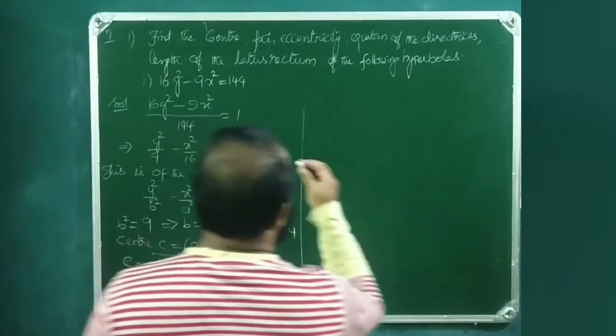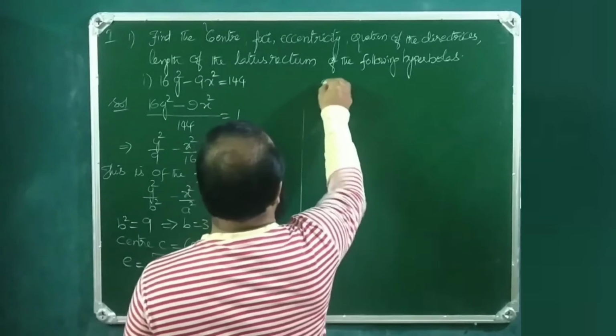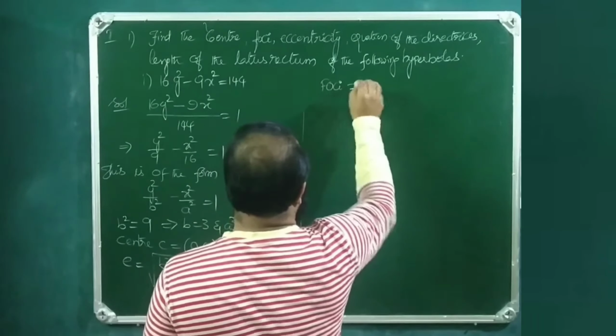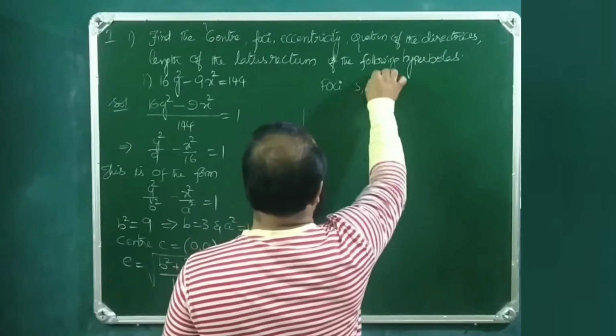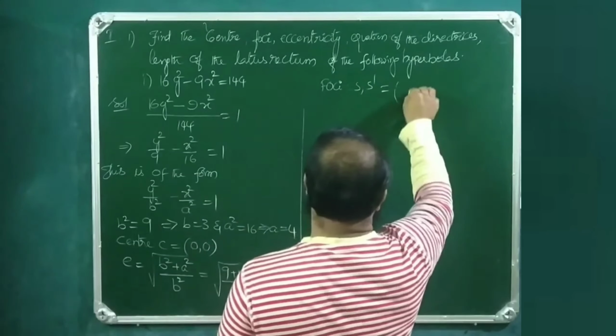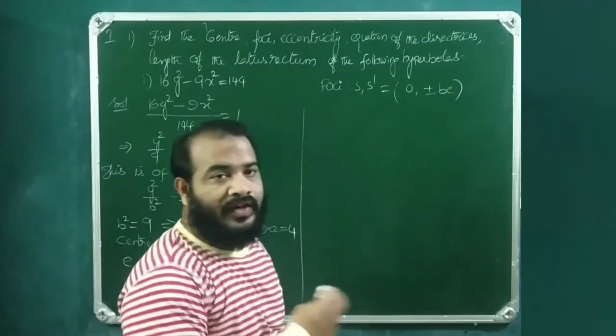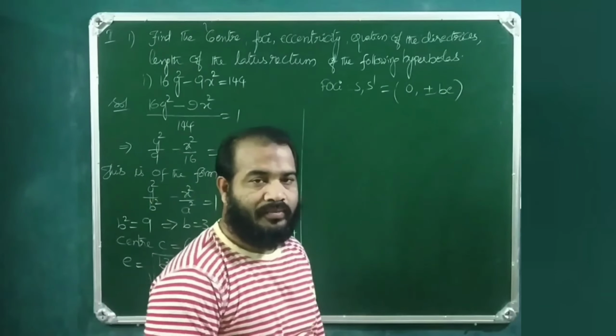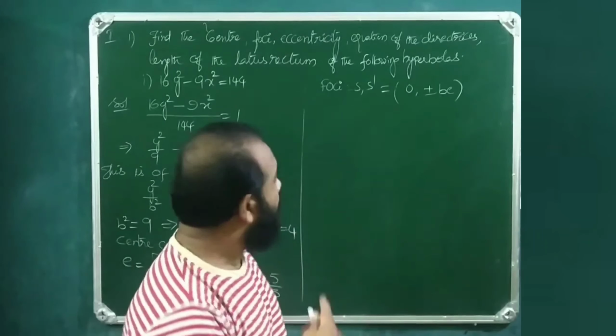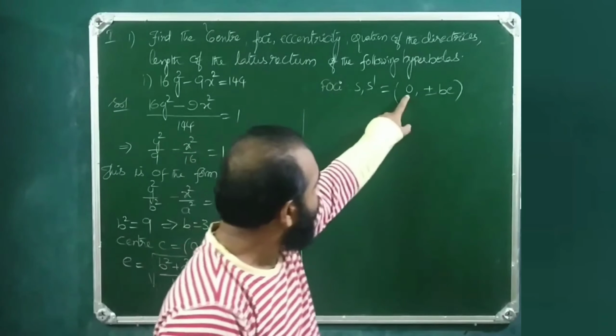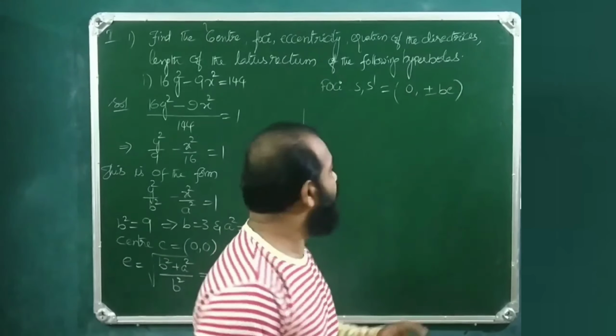And foci S comma S dash is equal to 0 comma plus or minus be. For the hyperbola x square by a square minus y square by b square equals 1, the foci are plus or minus ae comma 0.